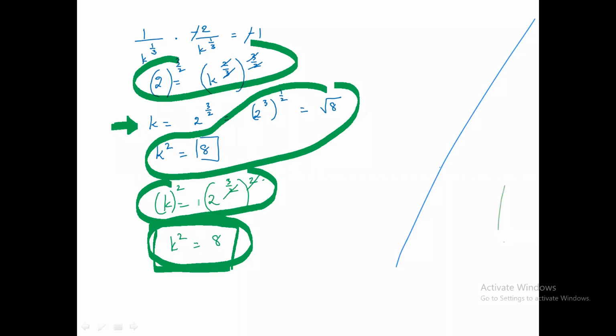Directly after seeing this k equal to 2 power 3 by 2, I will square it and I'll know that it is 8. K square is 8 because 2 and 2 will cancel, 2 cube will be left, 8. So directly I'll go for ticking that. K square is equal to 8. Because this objective paper doesn't carry marks for the steps, don't waste time in writing the steps neatly.